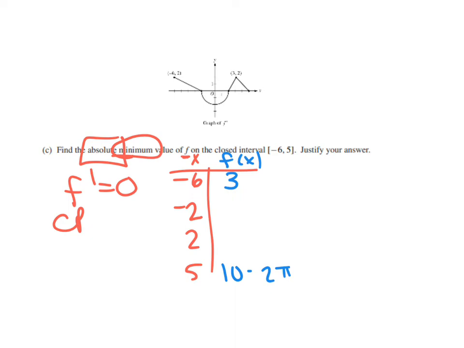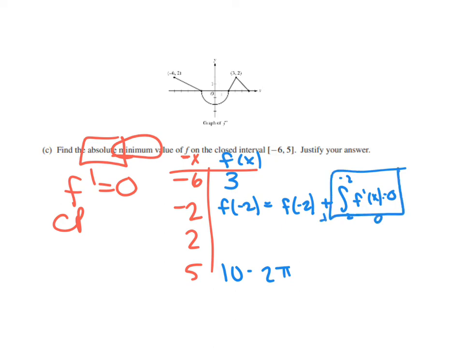If I write my equation for f, let's see, f of -2 equals the initial condition, f of -2, plus the integral from -2 to -2 of f prime of x dx. You'll notice these bounds are the same. That gets me a 0 plus my condition of 7.